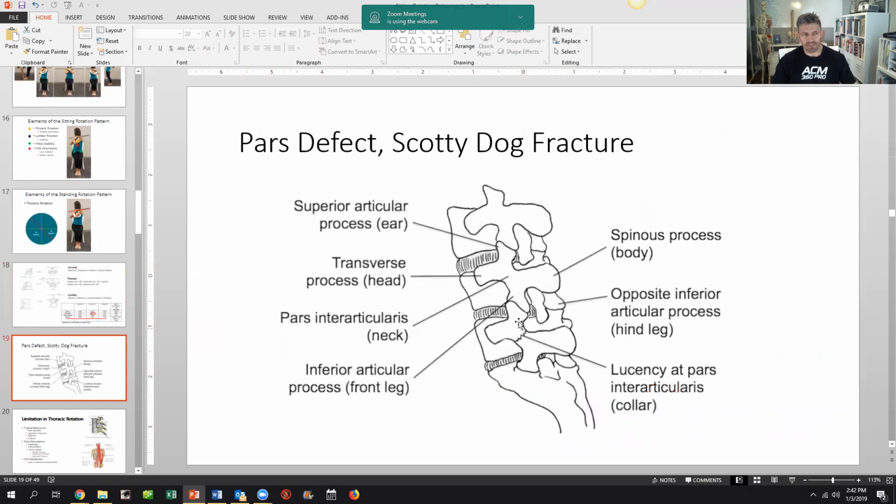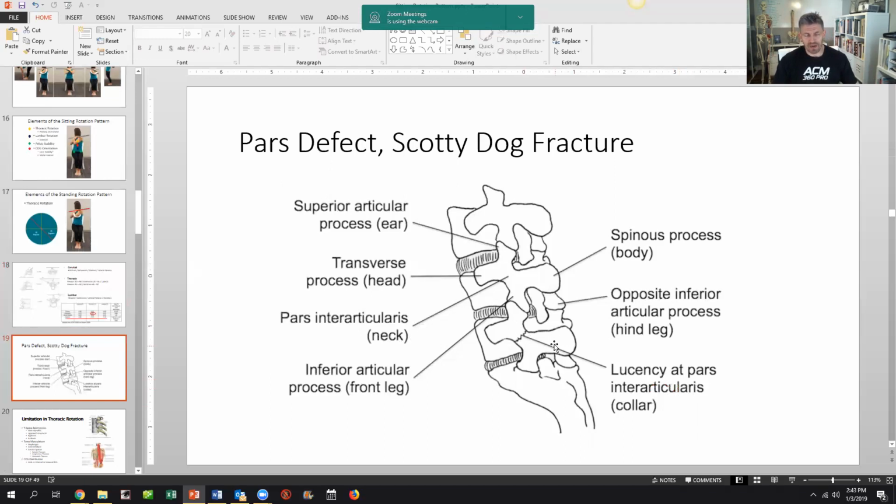But what it means is when you look on an x-ray, it's kind of neat. And unfortunately, someone has to endure the pain of this to make it apparent for us to look at. But on an x-ray, at the angle they take it, you can see where this line says the loosening of the pars interarticularis.